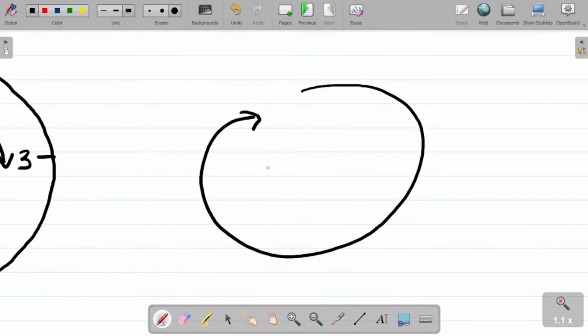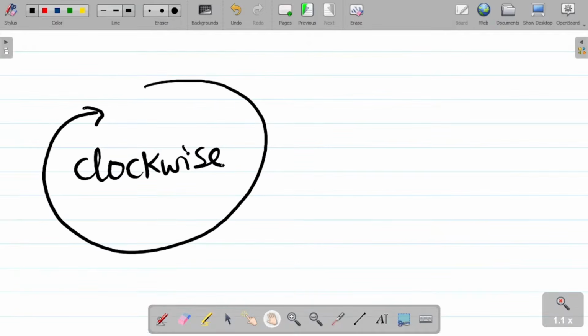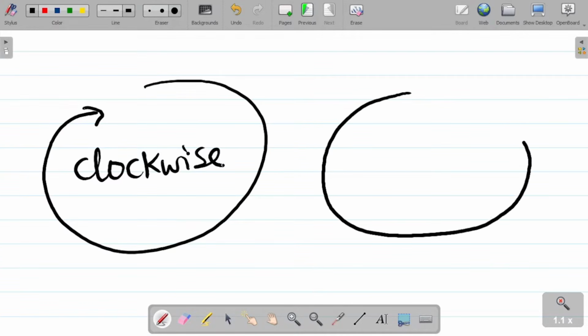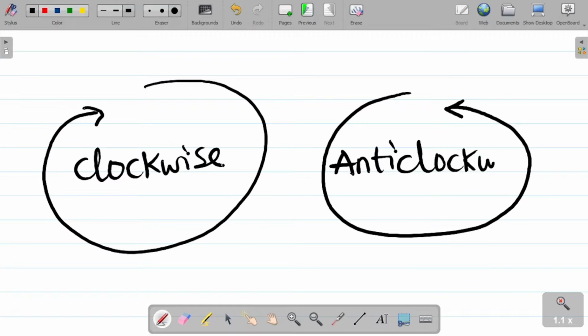This direction is what is called clockwise. It is a clockwise direction or a clockwise movement. When you have a direction opposite to this, going this way, you have a direction that goes opposite to the hands of the clock, and that's called anti-clockwise.